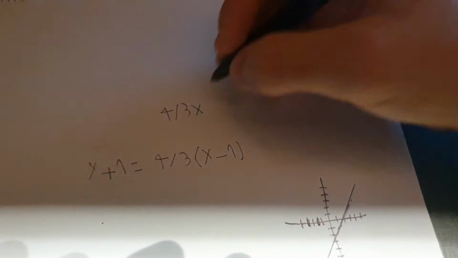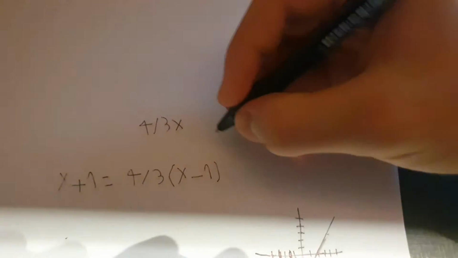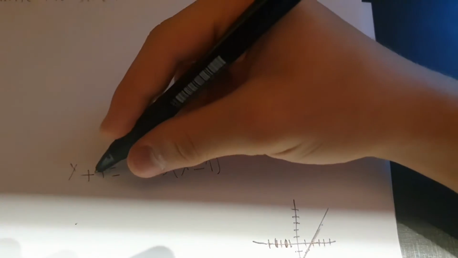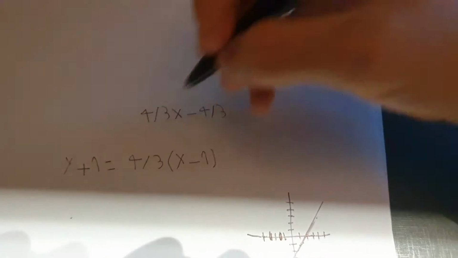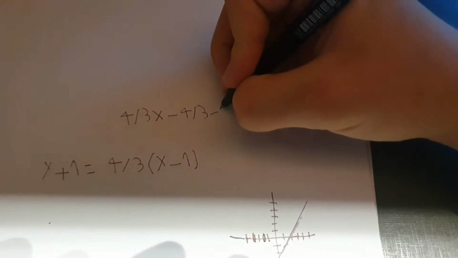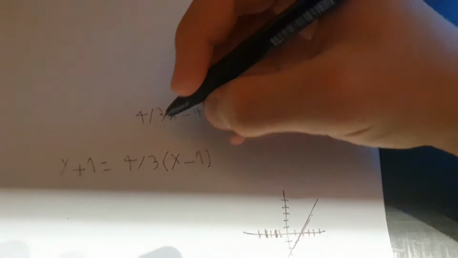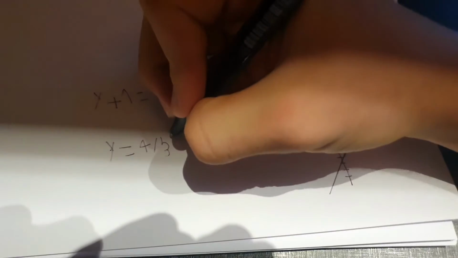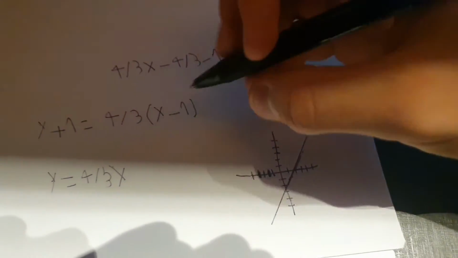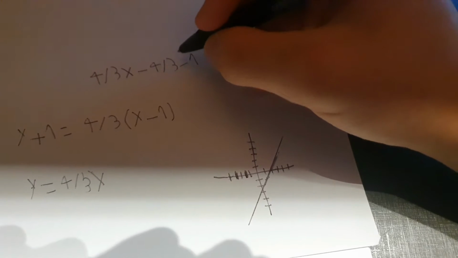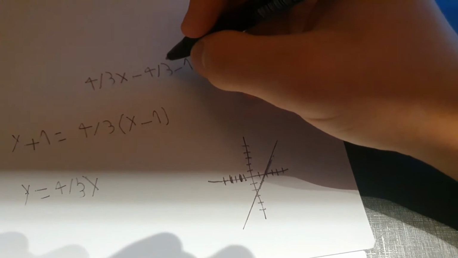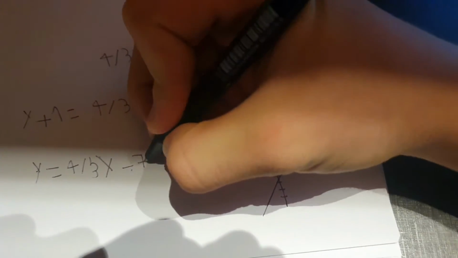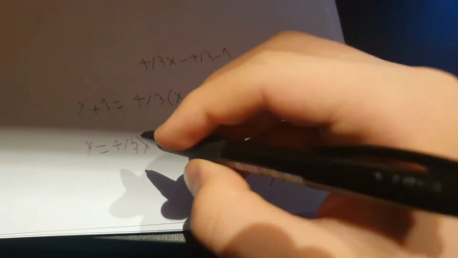So because distribution, oh sorry, my paper, minus 4 over 3, and this we can move to this side as a negative, so minus 1, and so this is going to be y equals 4 over 3 x, which is going to be normal, minus 3 times 1 times 3 is going to be 3, 4 plus 3 is going to be 7, so minus 7 over 3, and that's it.